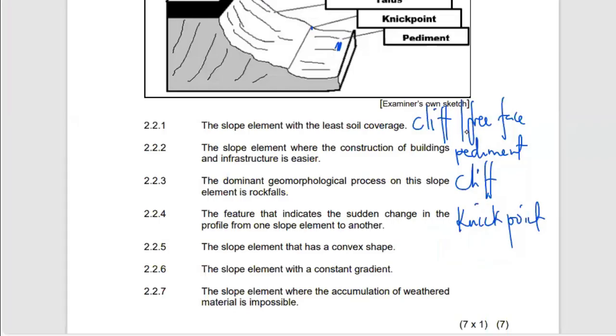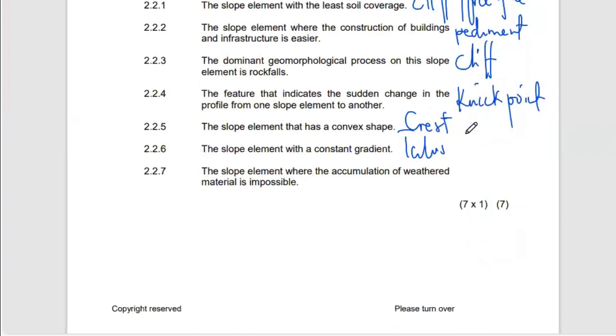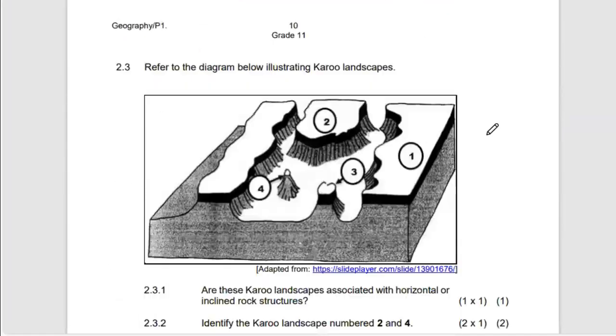A convex slope we find on the crest, on top there before the cliff. Then the slope element with a constant gradient. Constant gradient is the talus. And then lastly, the slope element where the accumulation of weathered material is impossible. Impossible on the cliff, which is vertical, the free face. Right, we are done with that question. We'll move on to the next question.